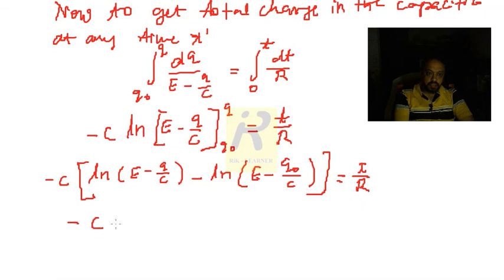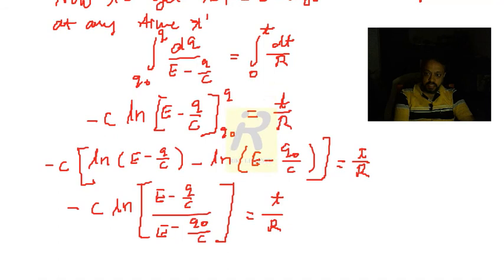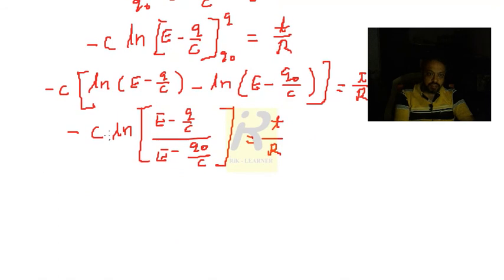So this is nothing but natural log of (E minus q divided by C) whole divided by (E minus Q0 divided by C), and on this side t divided by R. Next, I simply bring this minus C on this side.